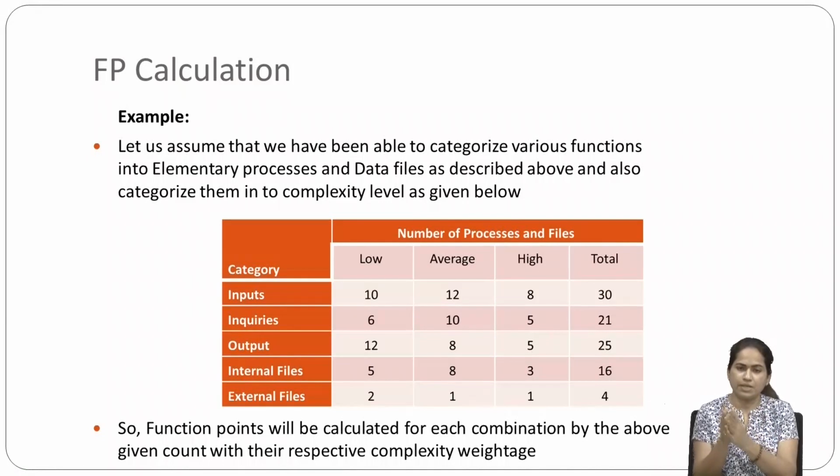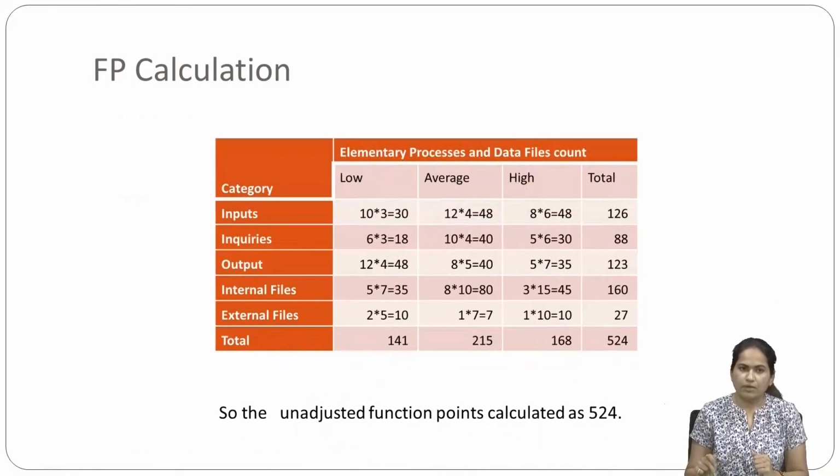For low, average and high we have three different numbers, and one column called total, which gives you the total of inputs, inquiries, outputs, internal files and external files.